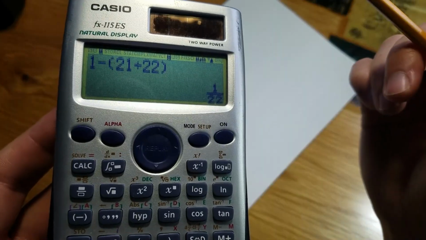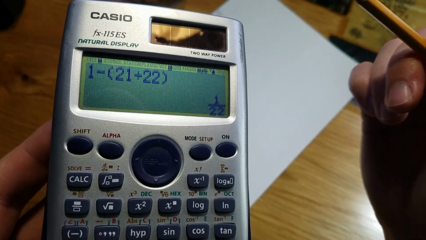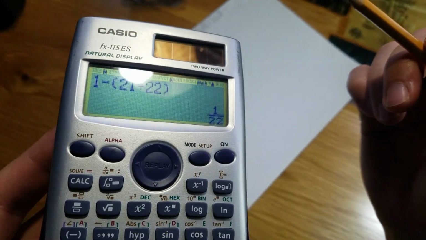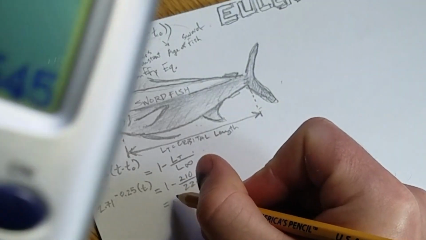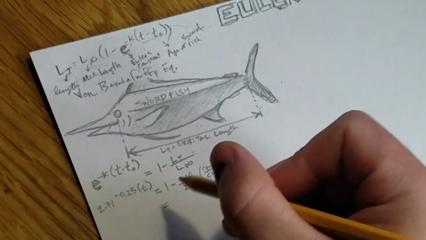That's the same as 210 divided by 220. We'll pretend it doesn't repeat.